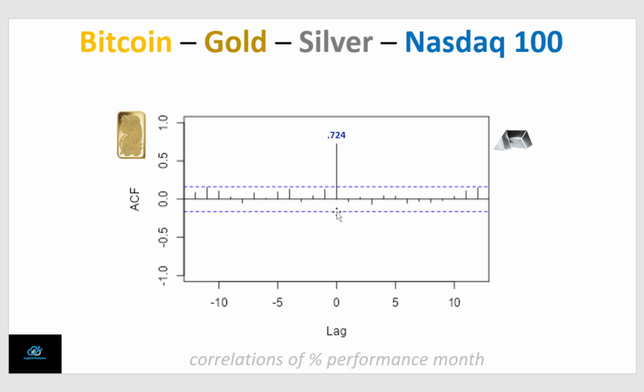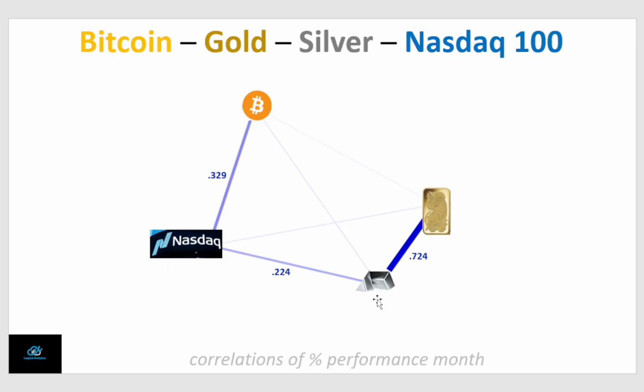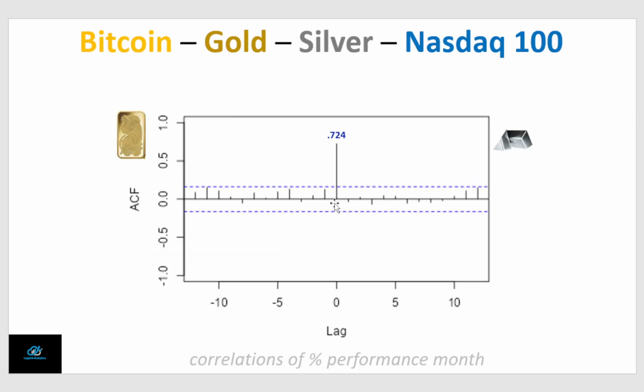When we look at lag 0, that is the correlation that we just saw in the network between gold and silver. That's this correlation here, 0.724, which is the correlation between the performance of gold in month X and the performance of silver in that same month X. So the correlation between performances from the same month.